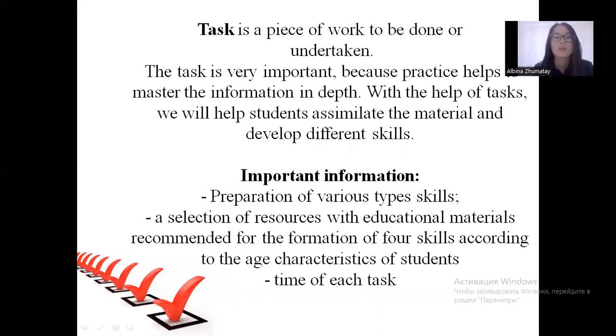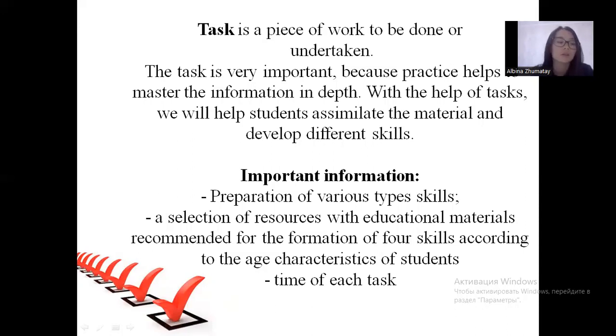The task is very important because practice helps master the information in depth. With the help of tasks, you will help the students assimilate the materials and develop different skills.